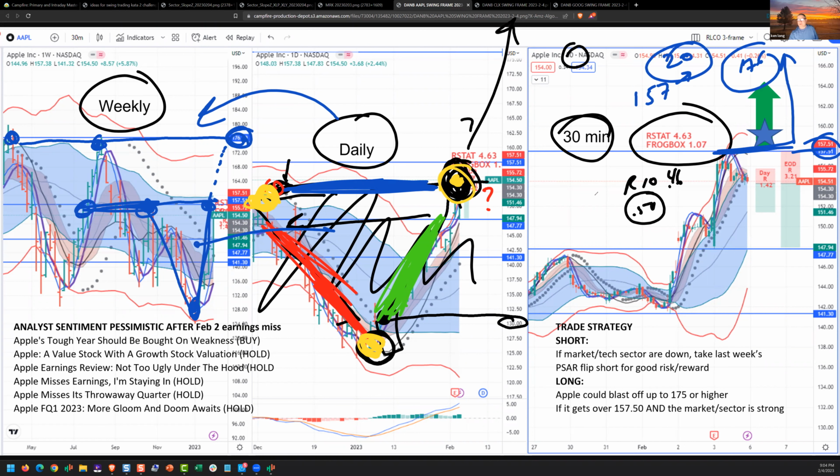Now, you're also not allowed to be surprised if from this location this thing sells off to 128, because it already did. So that's what makes this thing so important.